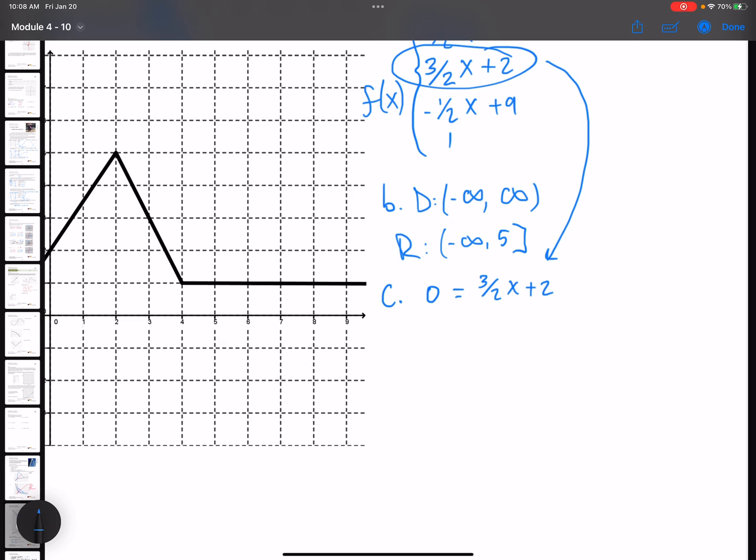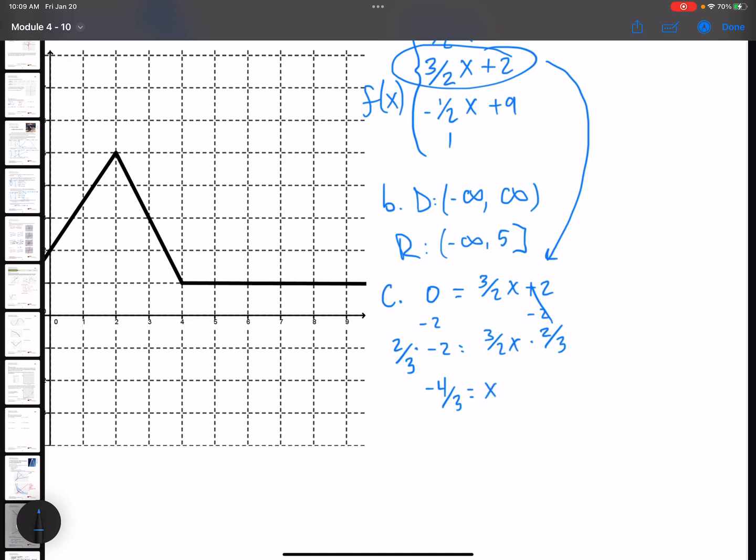So we need to solve for x. I'm going to subtract 2 from both sides, and I get negative 2 is equal to 3 halves x. What do I need to do to 3 halves x? Multiply by the reciprocal. Beautiful. So negative 4/3 is equal to x. Look at that.